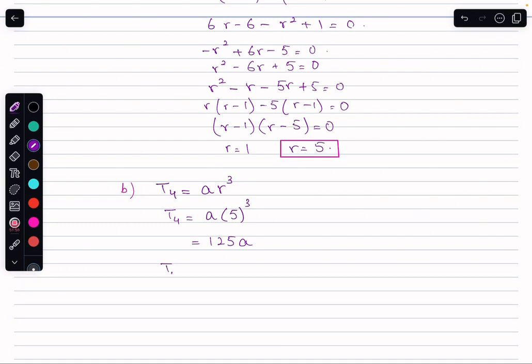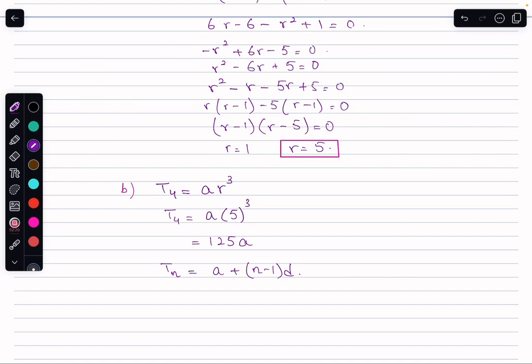In the arithmetic progression, the general nth term formula is Tn equals a plus n minus 1 times d. So Tn here shall be 125a, which appears somewhere in this arithmetic progression.